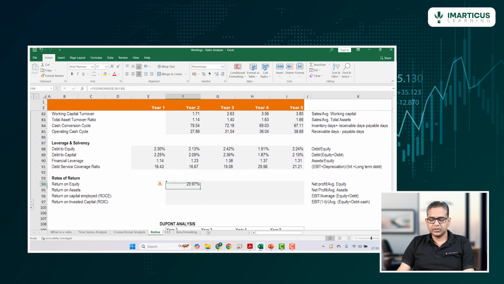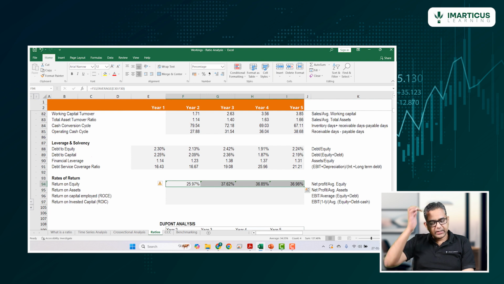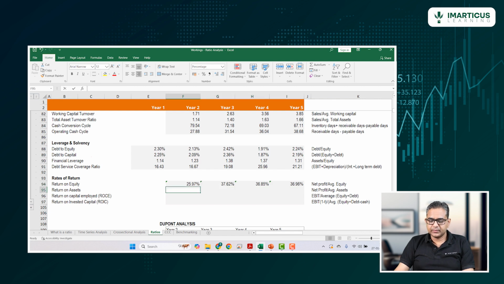Which is coming out to be close to 26%. And it is going up, so that's a good sign. Again, we can further break this down into three components, which we'll do through Dupont analysis and figure out which is contributing more to increase in ROE.